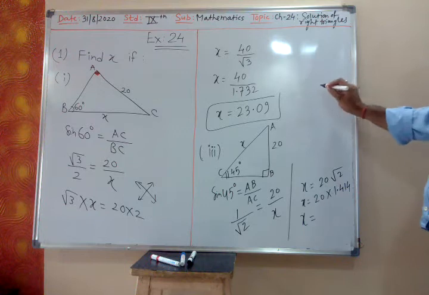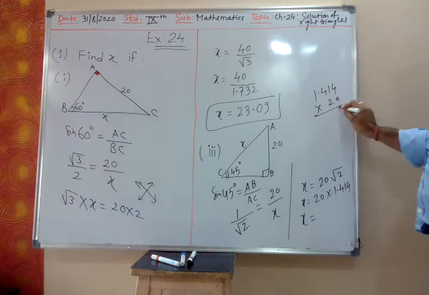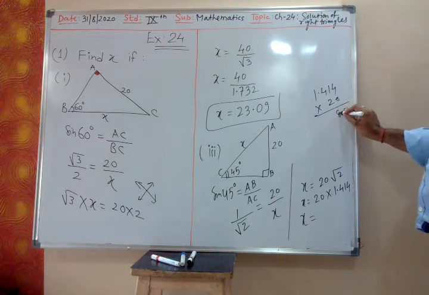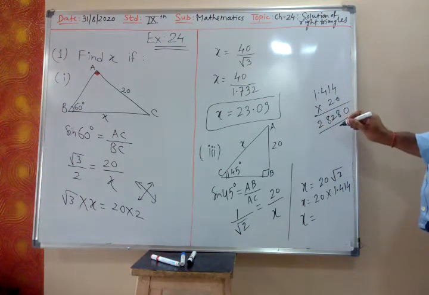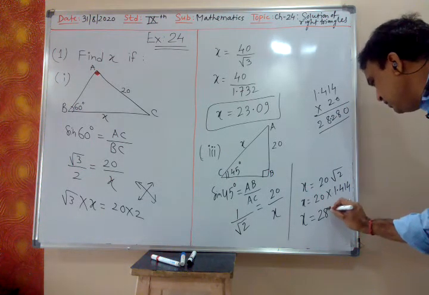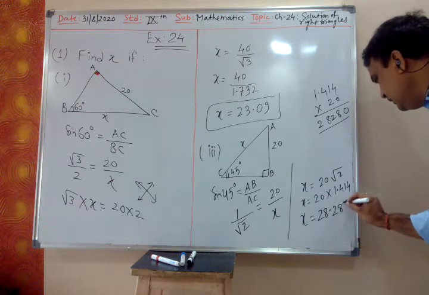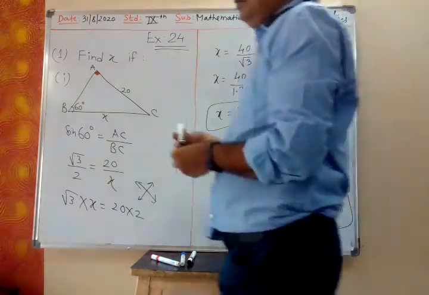Multiply. 28.28. You have to multiply, because after cross multiplying it is 20 into root 2.